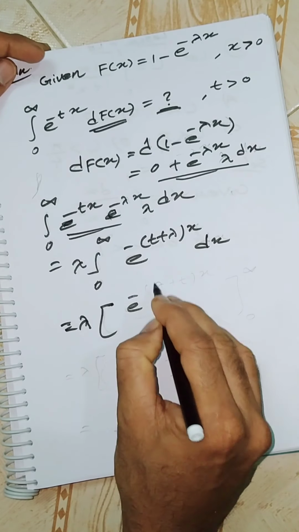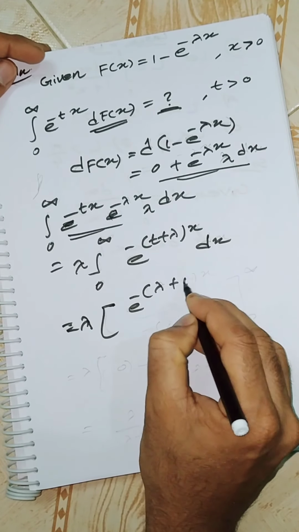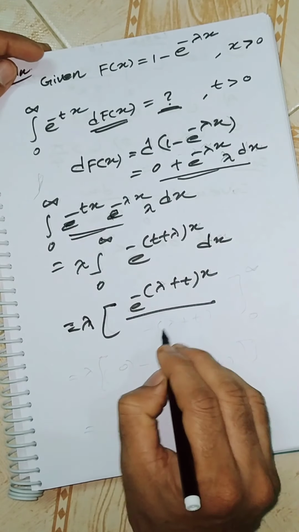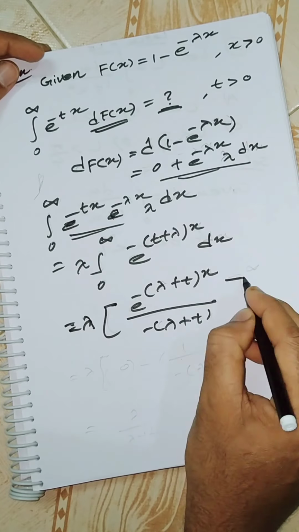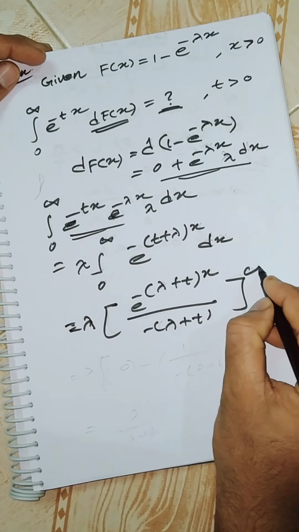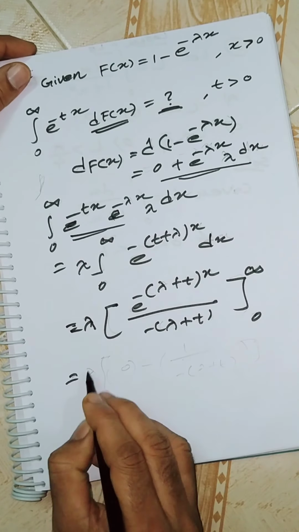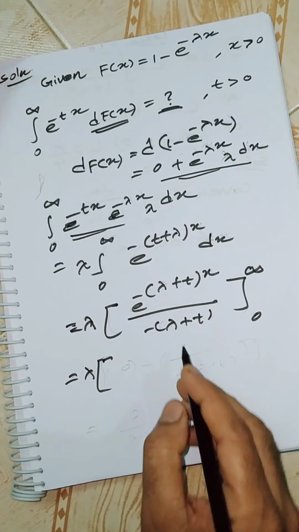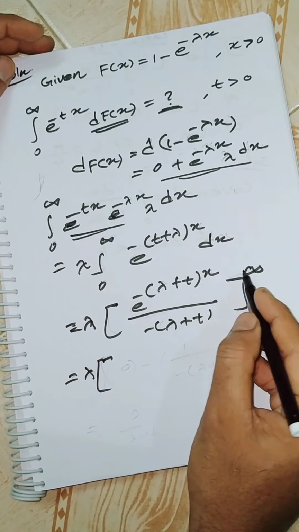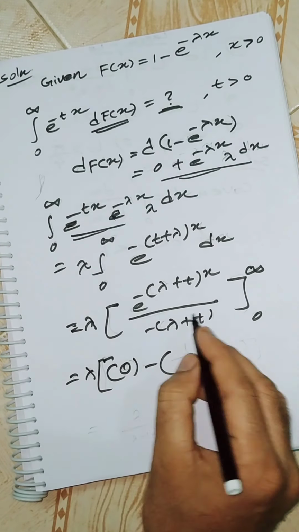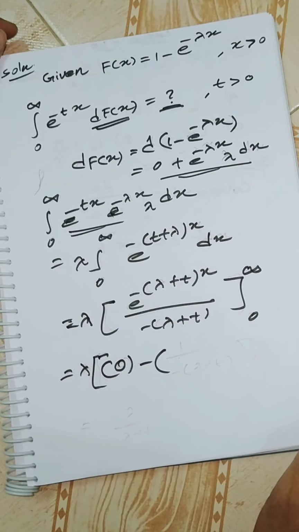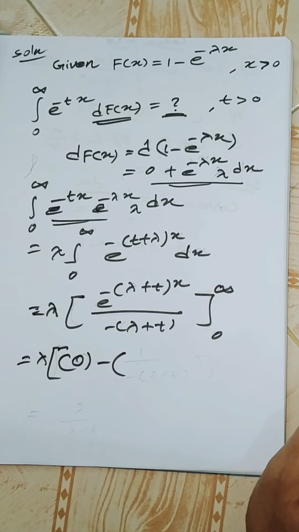Now integrate this one, we are getting e power minus lambda plus t times x divided by minus lambda plus t, lower limit 0, upper limit infinity. Now applying the upper limit, instead of x, e power minus infinity is 0, we know very well, minus what about the lower limit, instead of x, 0.